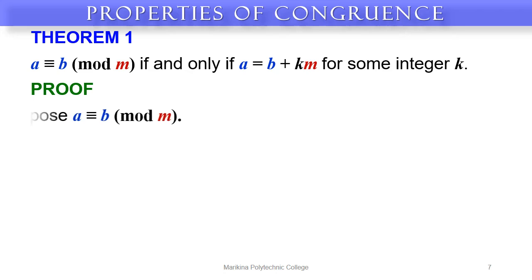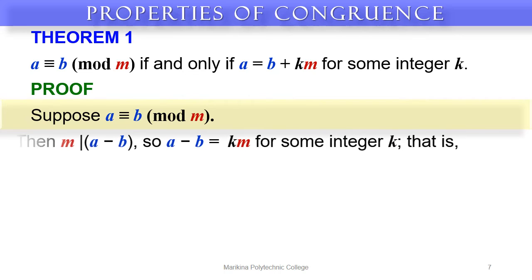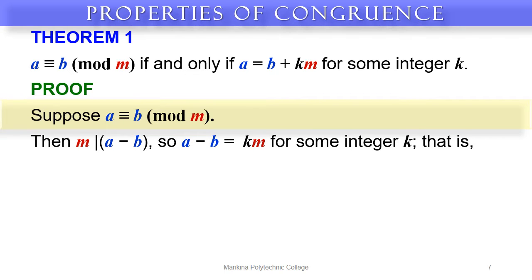For our proof, suppose a is congruent to b modulo m. Then, m divides a minus b, so a minus b equals k times m for some integer k, that is, by the addition property of equality, a equals b plus k times m.